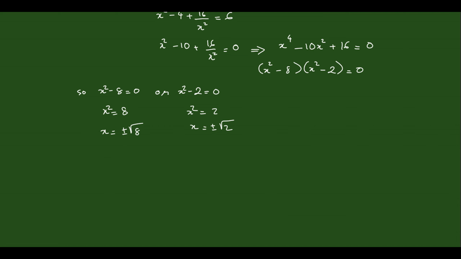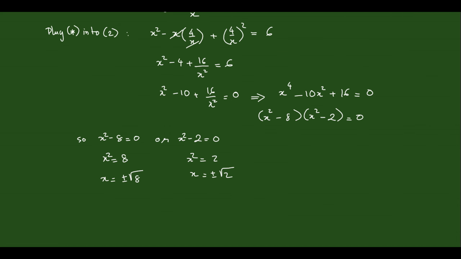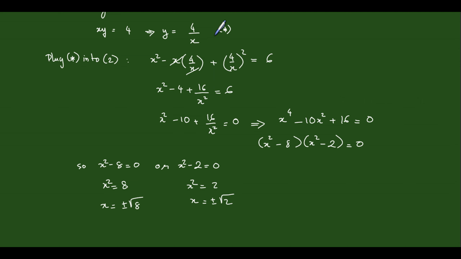So this is the star equation right here, the one we use to find y. Okay, so right here we have plus and minus. I'm going to plug it in.